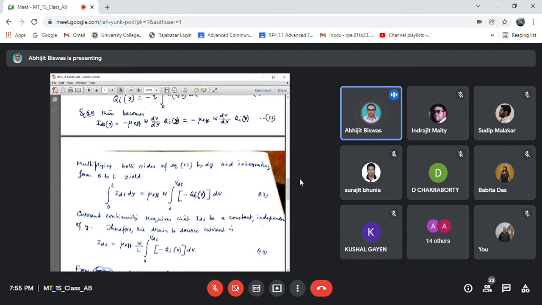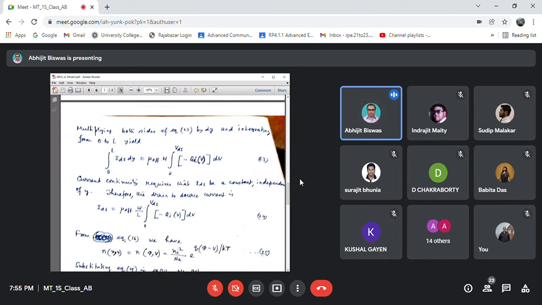On the right hand side, V is 0 at the source end, and at the drain end it is VDS. Here the current IDS will remain the same throughout all values of y, because there is no diversion of this current. If we apply KCL, Kirchhoff's current law, it will be the same.